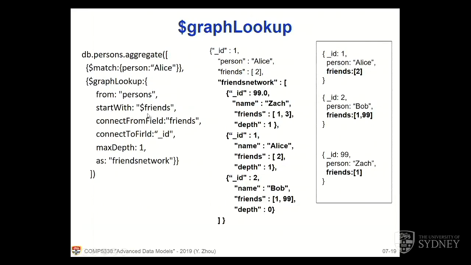And again, graph lookup can bring in another collection. So it's like from person. So now this is bringing in another collection, just like you do the normal lookup. And then you need to say, okay, now we're going to do the graph traversal. So how do you want to start your traversal? We're saying we want to start with friends.